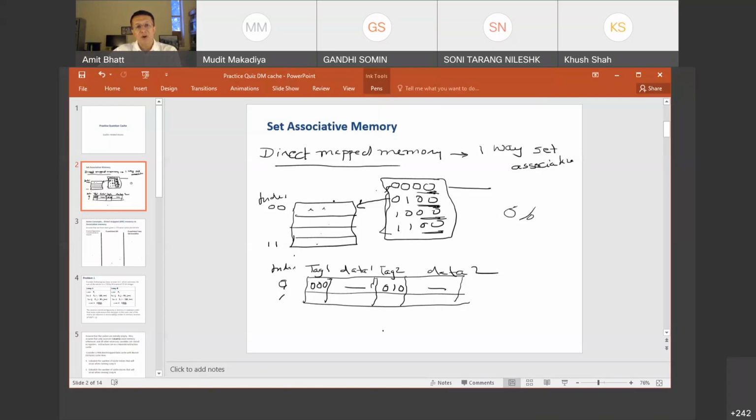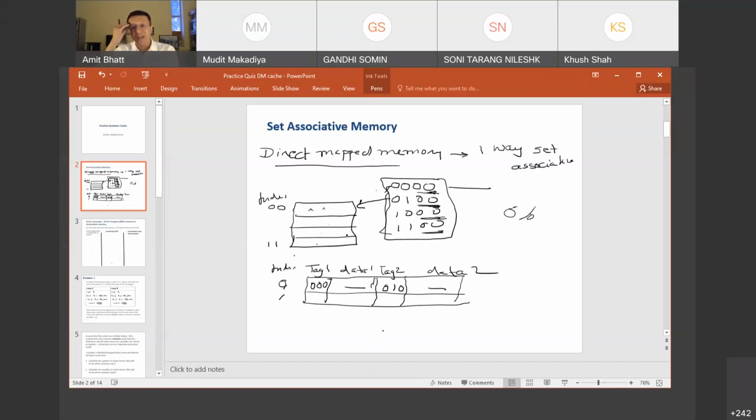Why? Because they all want to sit here, and if this is a loop, then when this instruction is finally executed, this instruction is needed, so it will kick out this instruction. Then you would require this instruction, so it will have to kick out the previous instruction, and so on and so forth. So you will never find any instruction which you want in the cache, and sadly, these 3 slots will go completely empty, right? I mean, they will not be filled.